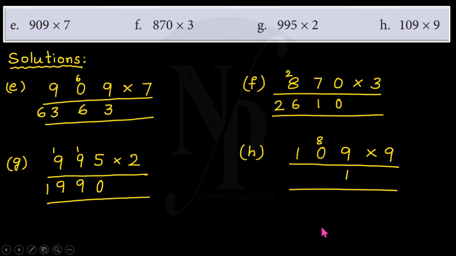On multiplying 0 by 9 we get 0, and 0 plus 8 is 8, which is 8 tens. So we write 8 in tens place. Here 9 into 1 is 9. 9 hundreds are 900, so you write 9 in hundreds place. Therefore 981 is the product of 109 and 9, or 109 into 9 is equal to 981.